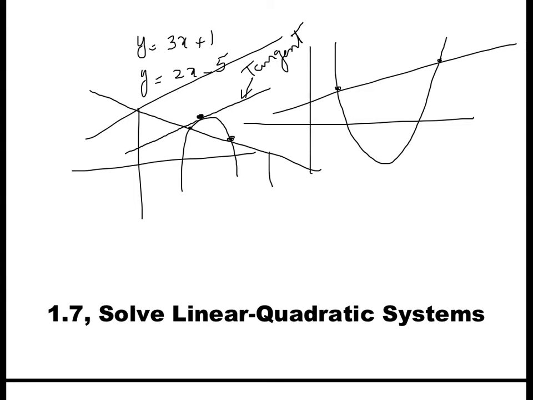We call this line secant. This is the line that crosses the graph at 2 points, like this. Now you will see how we can use this idea to solve some real-life applications out there.